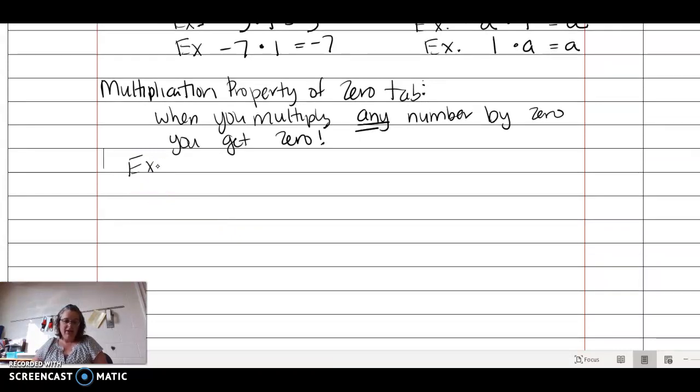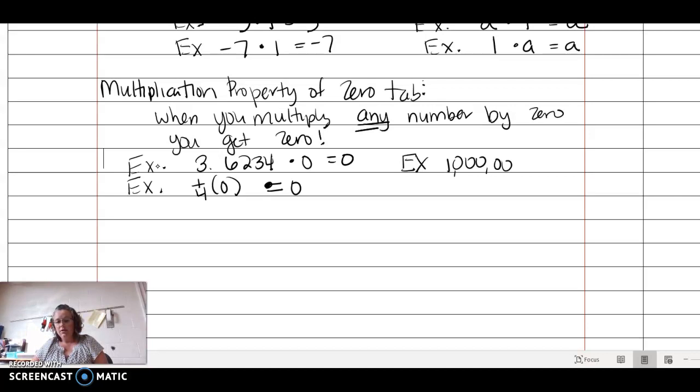So for example, if I give you the number 3.6234 times 0, you will get 0. If you multiply 1/4 times 0, you will get 0. If you multiply 1,000,000 times 0, you get 0.